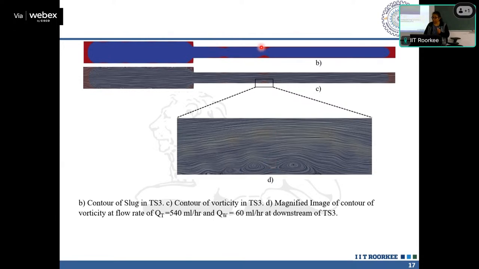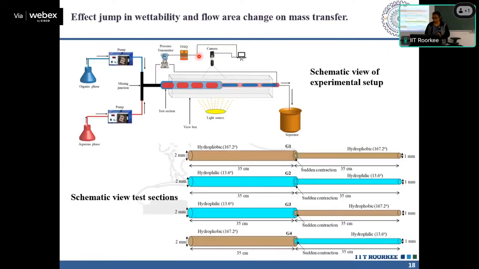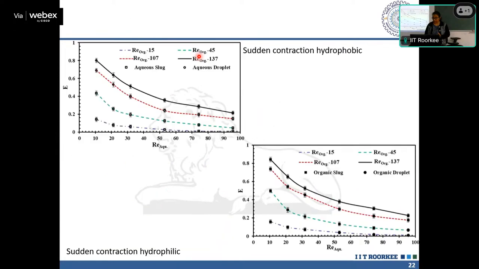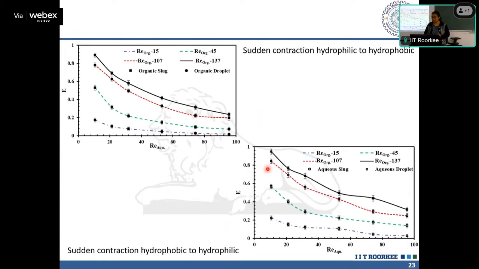So this recirculation, along with the recirculation over here, these two phenomena give you the highest efficiency for this particular setup, which has a hydrophilic downstream.